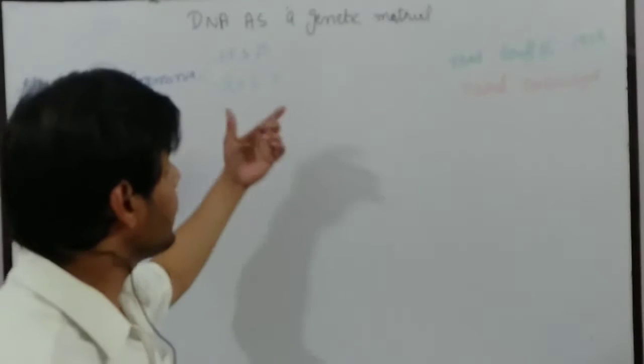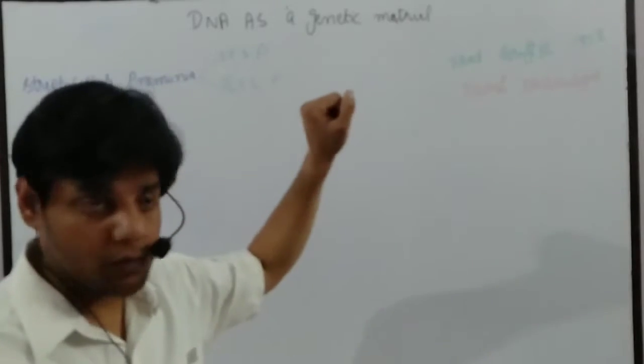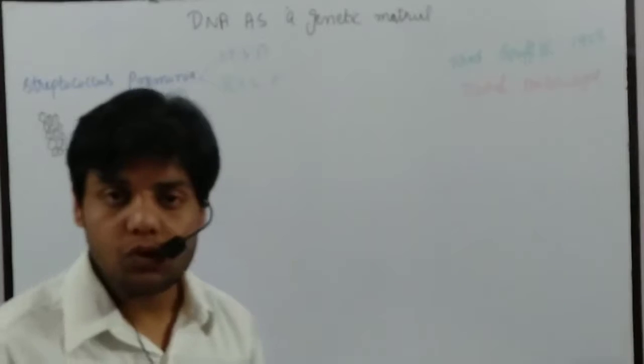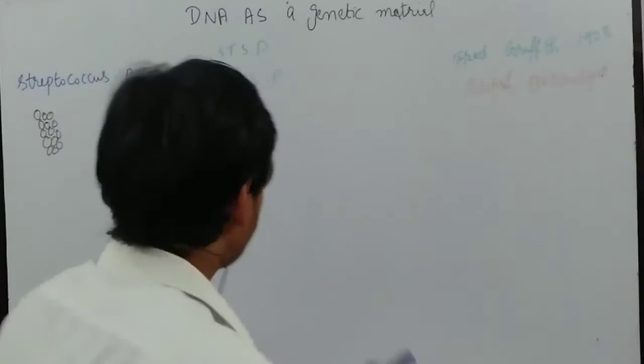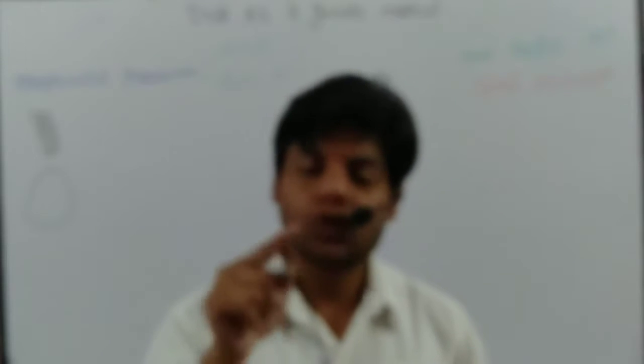Now Griffith took two strains of Streptococcus pneumoniae: the smooth type and the rough type. Why do we call it the smooth type? Because this type of bacteria shows a smooth colony on a culture medium.